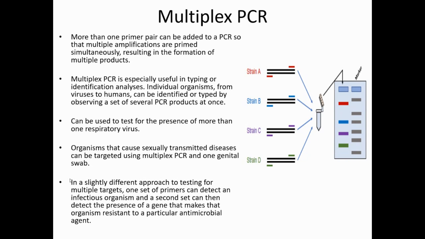Multiplex PCR can be designed as a single template PCR reaction, which uses several sets of primers to amplify specific regions within a template, or a multiple template PCR reaction, which means you use multiple templates and several primer sets in the same reaction tube.